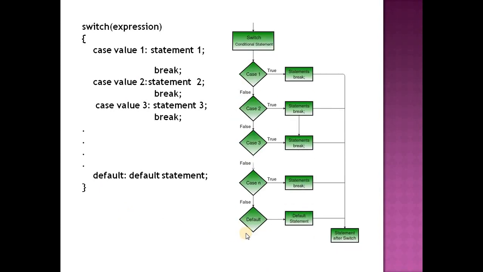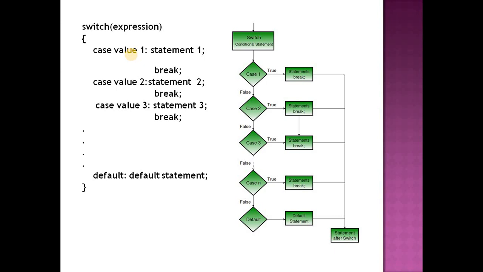Okay, so here I have shown the flowchart. The value of the expression term is compared against the various constants in the case labels. So what I have shown over here is the case label. If the value of the expression matches one of the values of the case constants, the code associated with that case constant is executed.